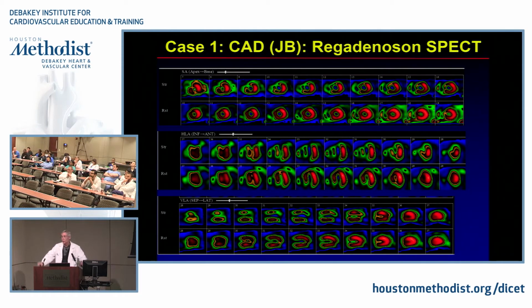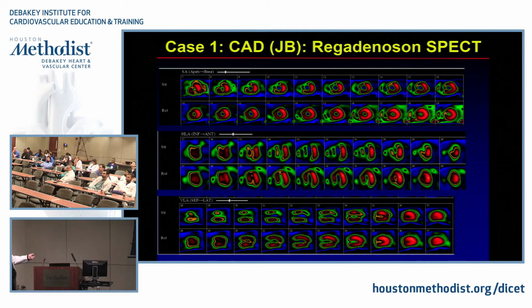So, Dr. Solomon, what do you think about that perfusion scan? And you better get this right because the top is stress, the second layer is rest. Stress is on the top, rest is on the bottom. So there's an obvious perfusion defect. Is that anteroseptal that you see between the rest and stress?